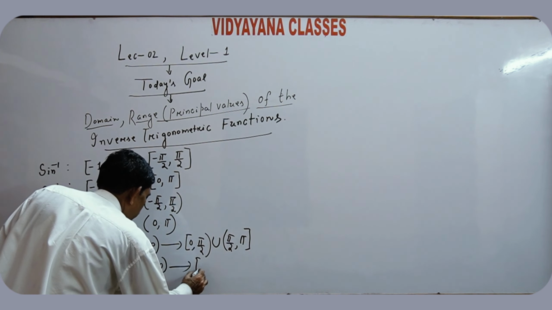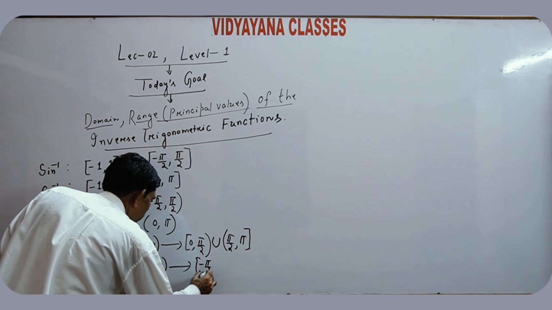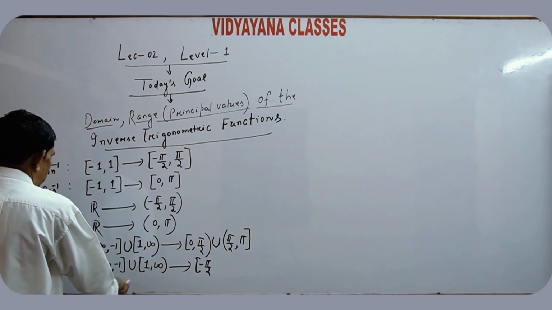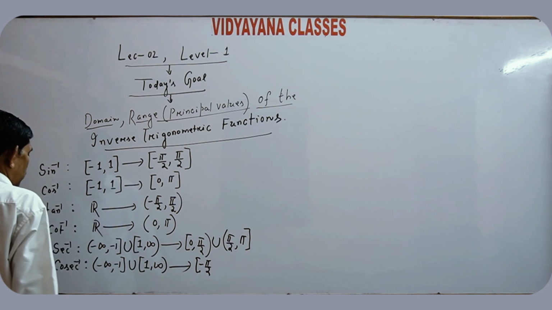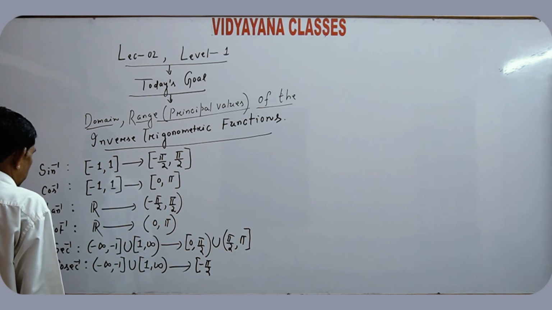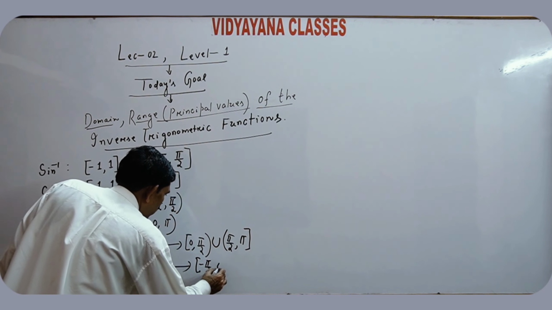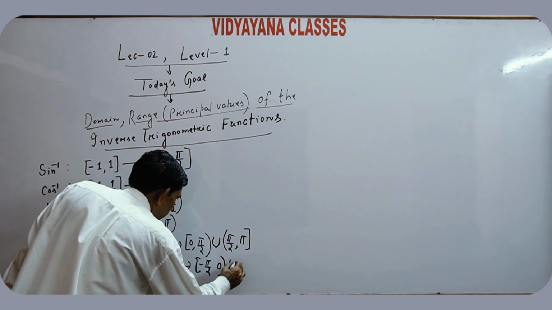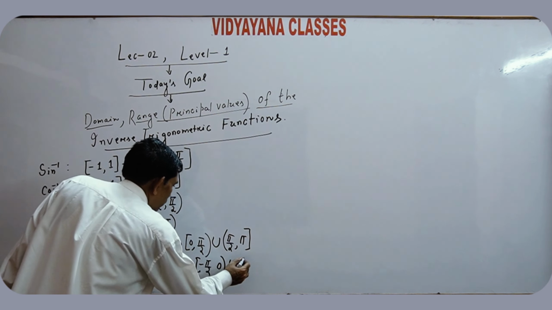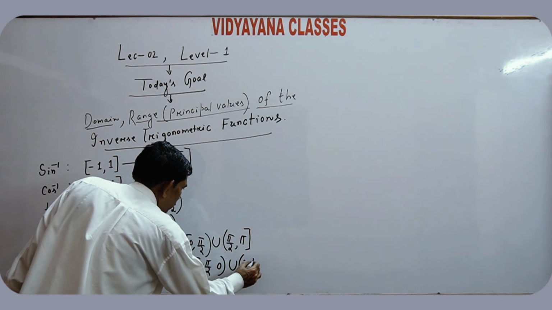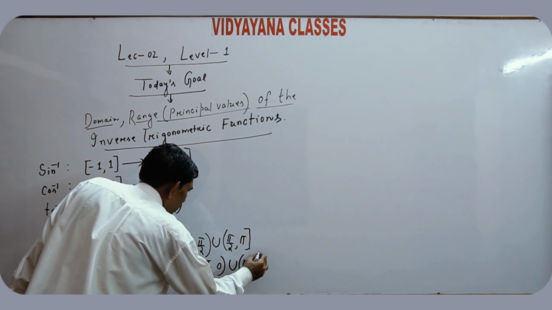At x equal to 0, cosec is not defined, so it is 0 excluded.